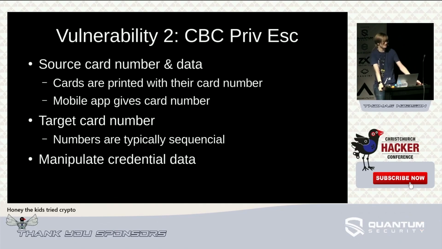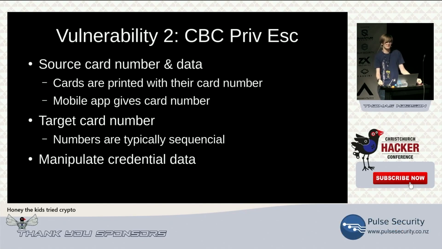So this is where we come to vulnerability 2. If we know the card data by, say, getting it from a mobile app, or skimming someone's DESFire credential if you know the keys, or even their NFC credentials, you could pretend to be one of them. You don't need any keys for that.